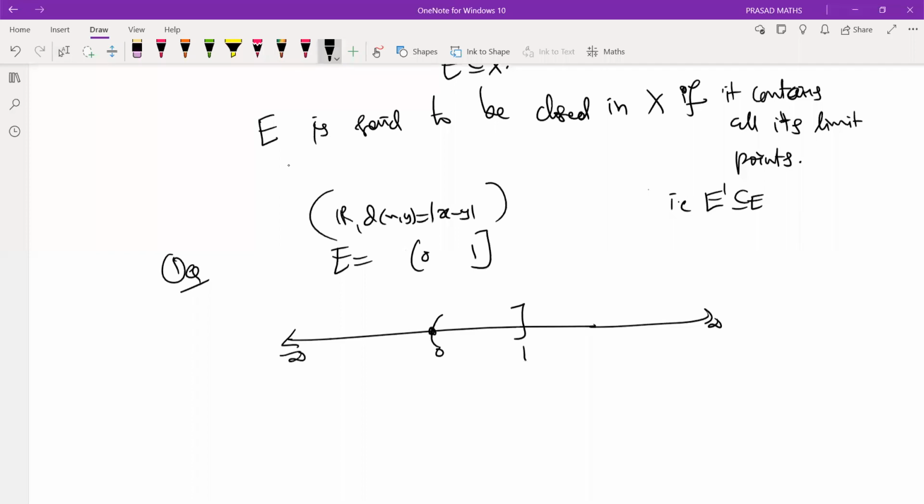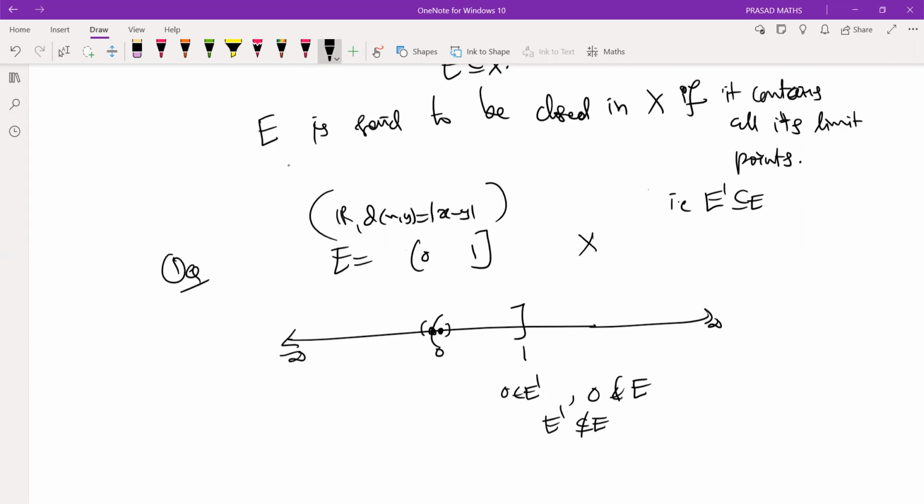So is 0 a limit point? Yes, because you take any neighborhood, it contains at least one point other than 0. 0 is a limit point of the set, but 0 does not belong to E. Therefore, E prime is not a subset of E. Therefore, E does not contain all its limit points. In fact, E does not contain the limit point 0. Therefore, it cannot be closed.